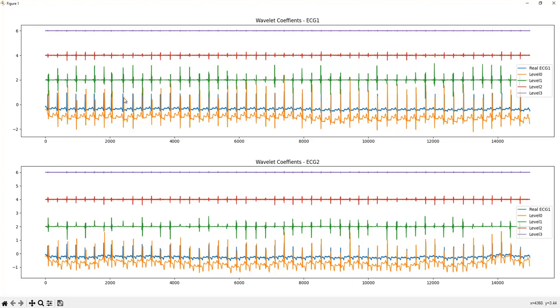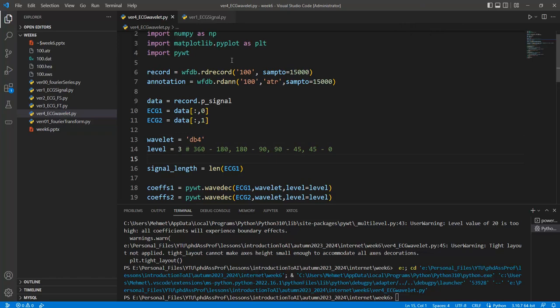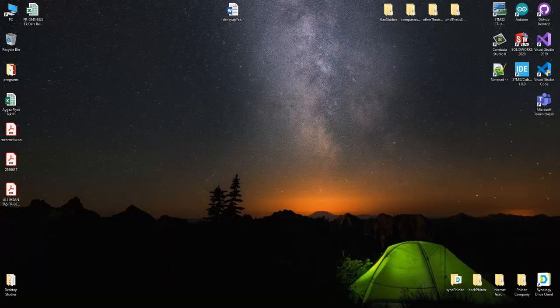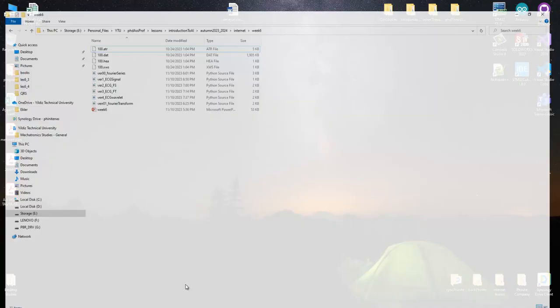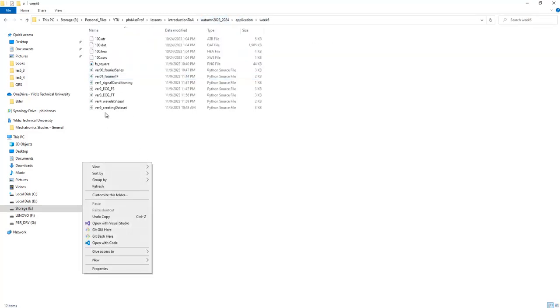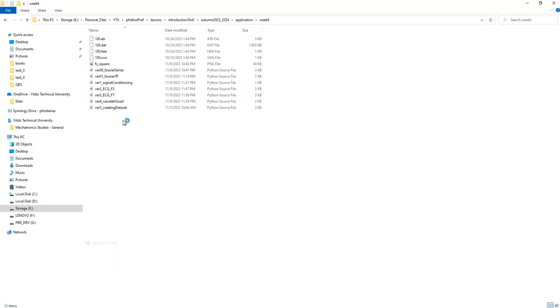So, how can you use the wavelet coefficients? You can create a generalized pattern for this code. For example, at the application level, the last code is creating the data set as an image.